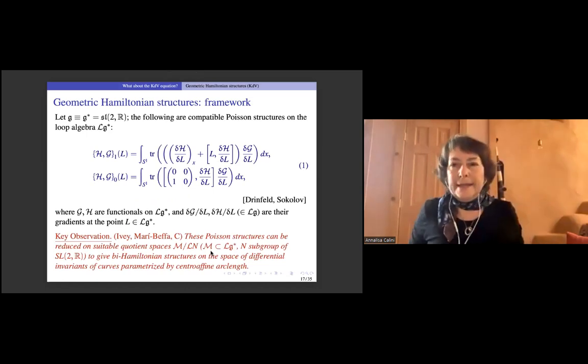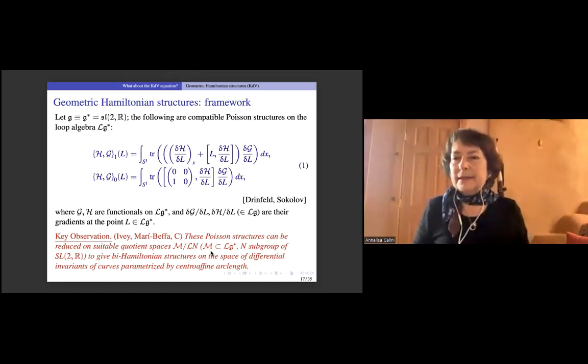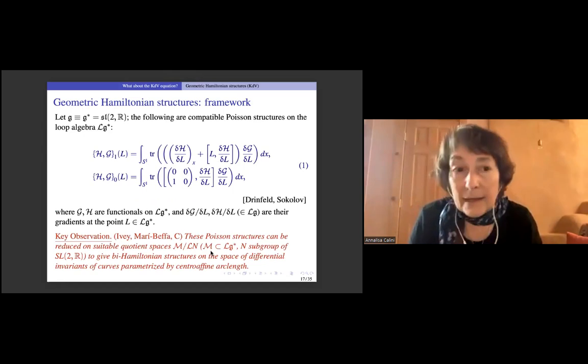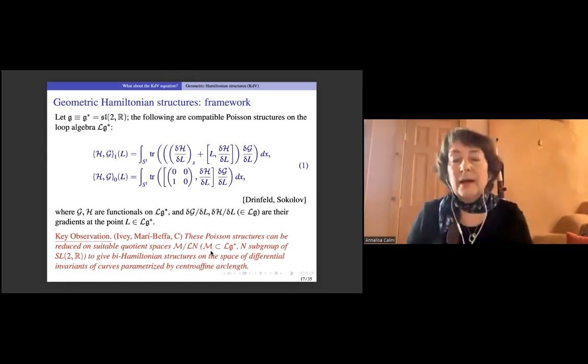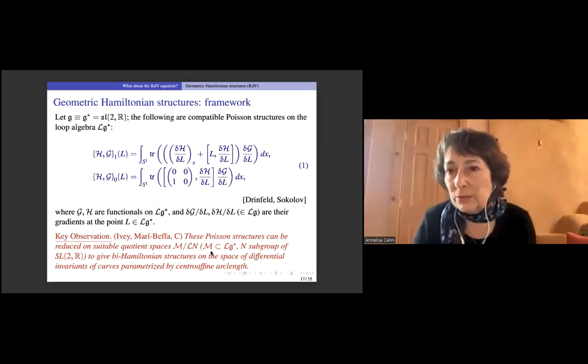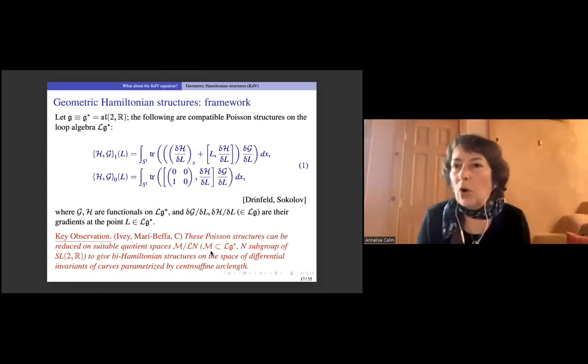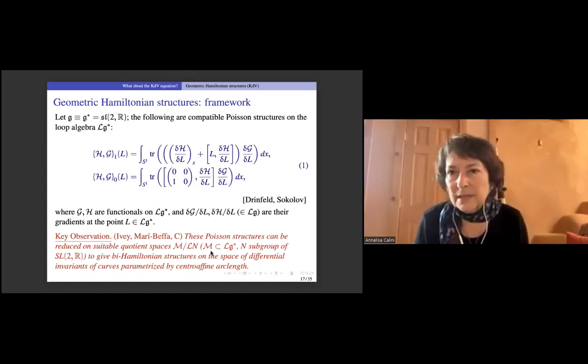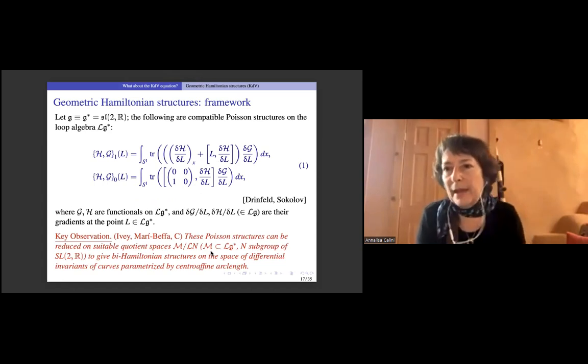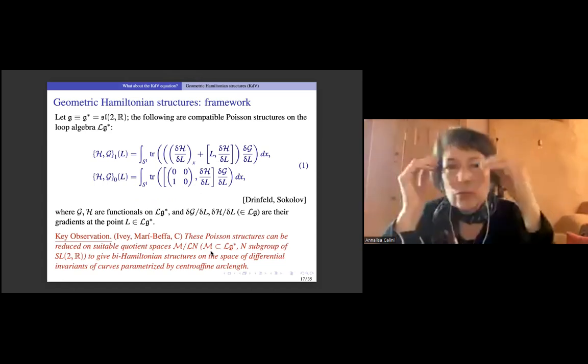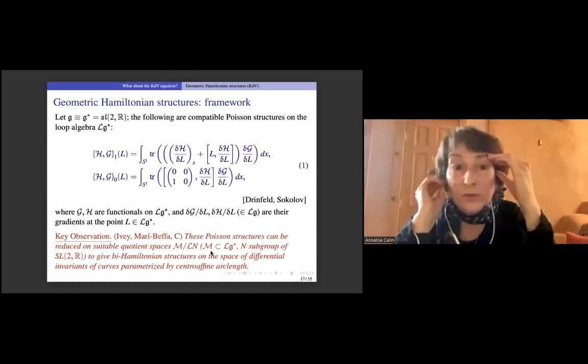Now, I need this for later, but this is part of a far larger picture. What turns out to be is when you look at the Lie algebra of the group, and you go to the loop algebras, these are smooth maps from the circle into, let's say, the Lie algebra SL2.